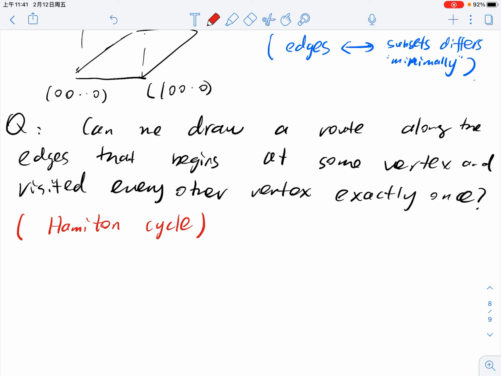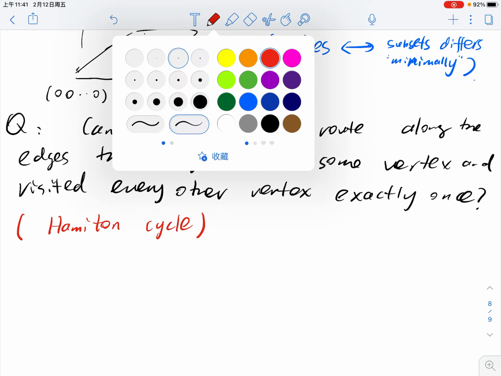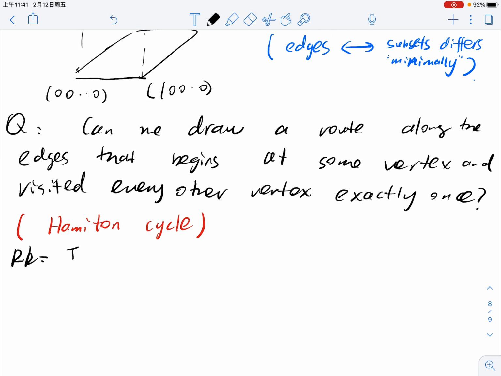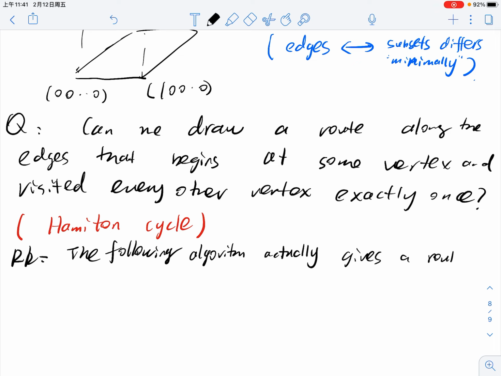That means the remark is the following: the algorithm actually gives not a route, but a closed loop, satisfying the above condition.